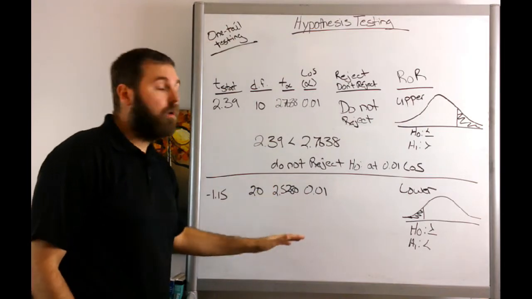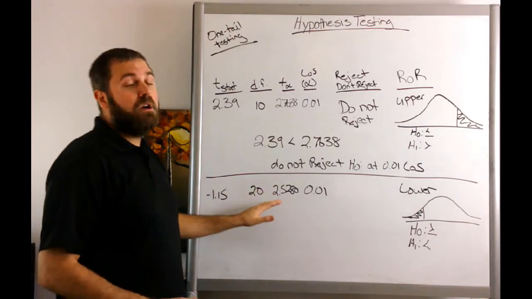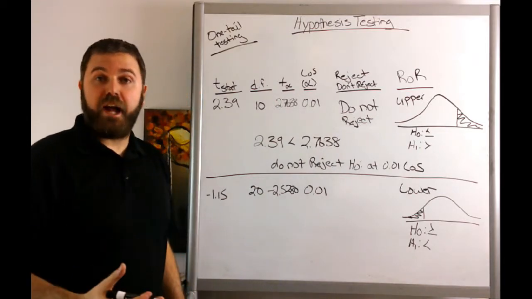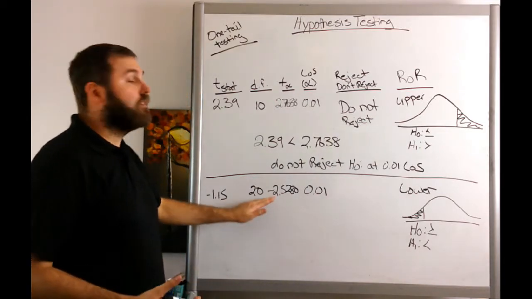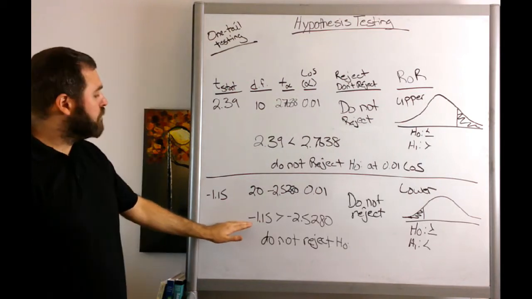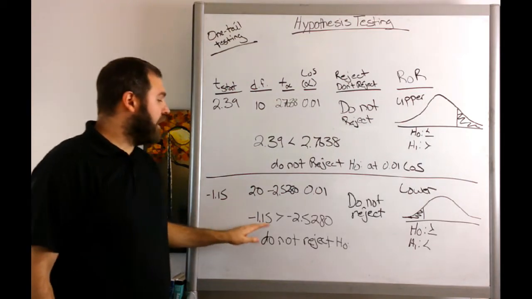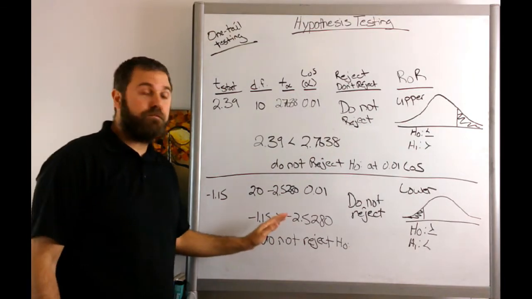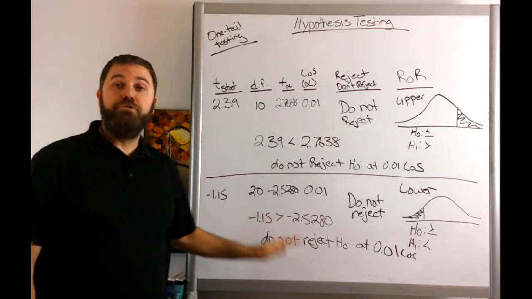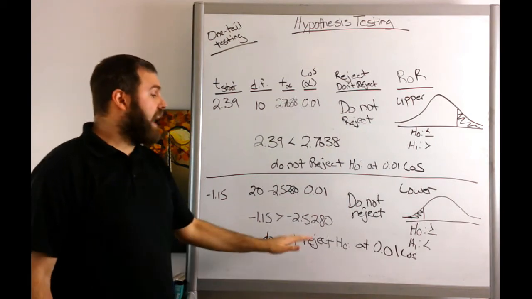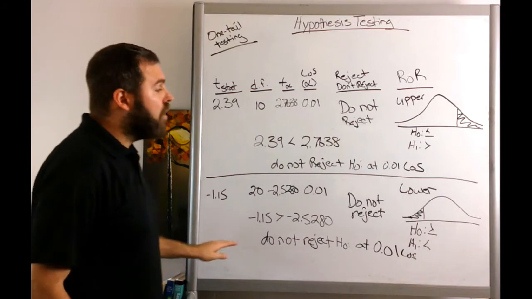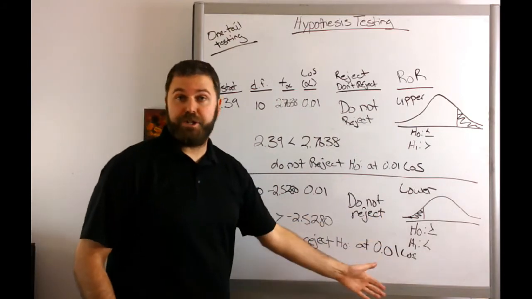You want to take special note: anytime you're calculating a lower region of rejection, you make your critical value negative. Because negative 1.15 is greater than negative 2.5280, you do not reject H0 at a 0.01 level of significance because it falls within the region of non-rejection.